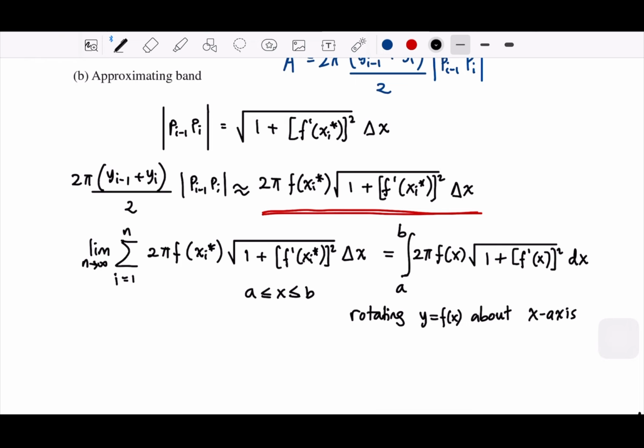It will be dy. So if you imagine, before it's just like this, right? If we rotate about the y-axis, it goes like this. The dx becomes dy, and all the functions become functions of y. Okay.